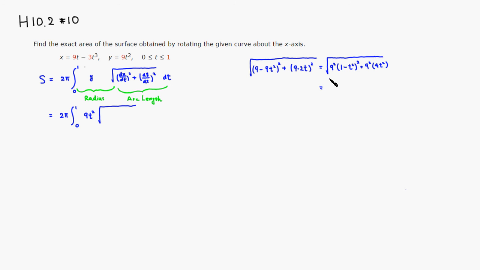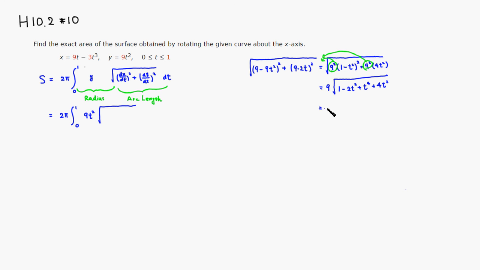Since we have a 9 squared and 9 squared, we can pull them out, so with the square root it's simply 9. Then you have a square root. 1 minus t squared squared would be 1 minus 2t squared plus t to the 4th, then you are adding 4t squared.